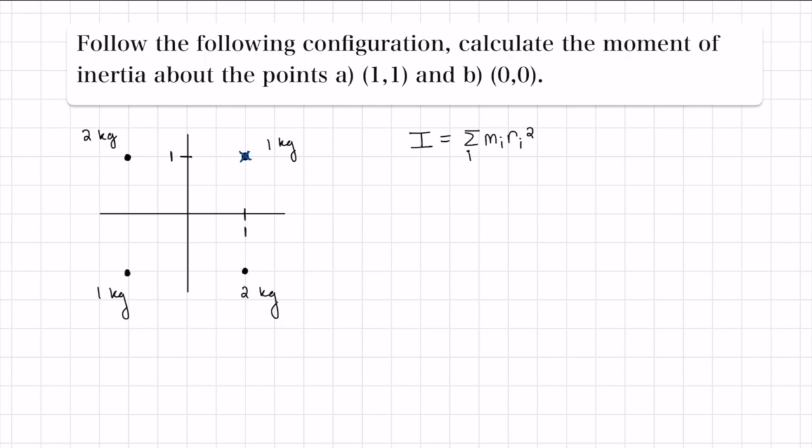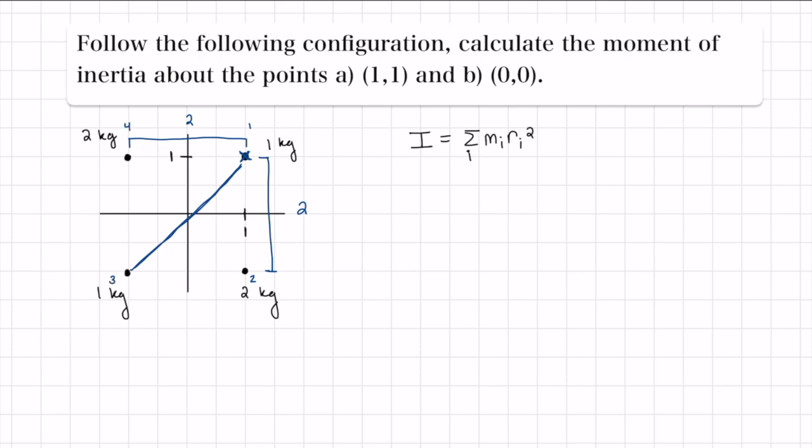So in the first case, we're looking at rotating around this point. So this distance would be 2. This distance would be 2. And then we're going to want to calculate this distance. And since it's a square, we can say that distance, and I guess maybe I'll label these points 1, 2, 3, and 4.